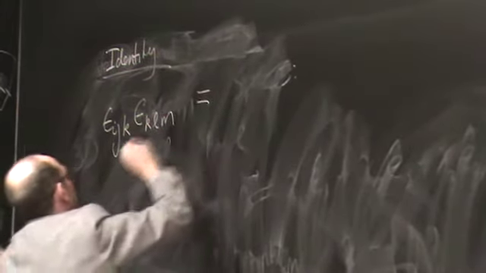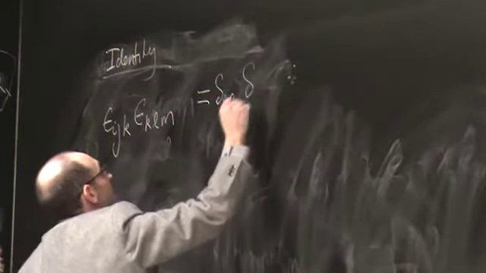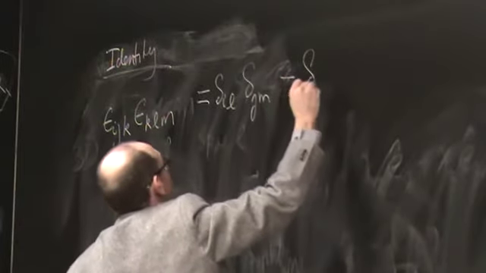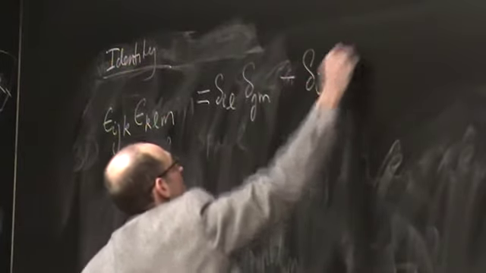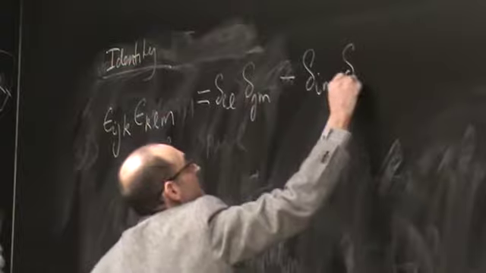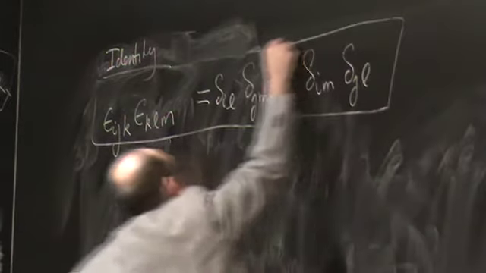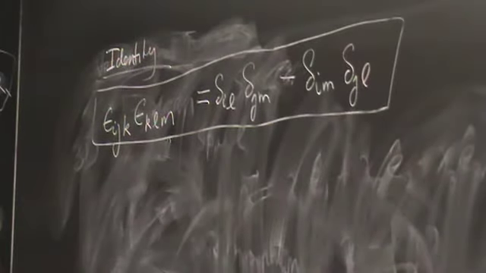And this is equal to delta il delta jm minus delta im delta jl. So important, remember it. You can check that for yourself. The derivation is tedious and not interesting.